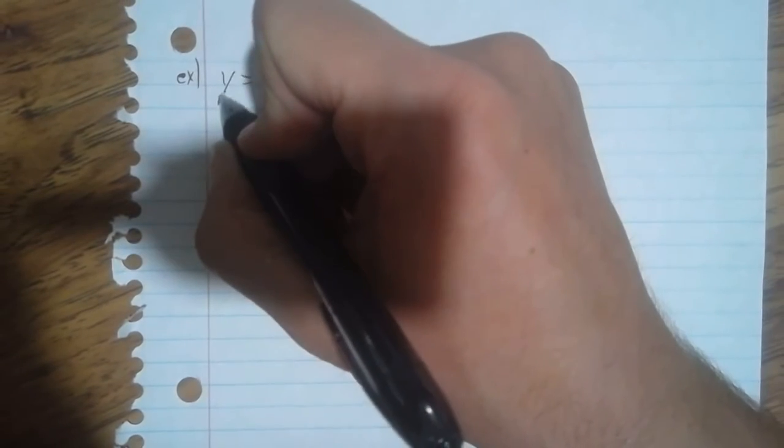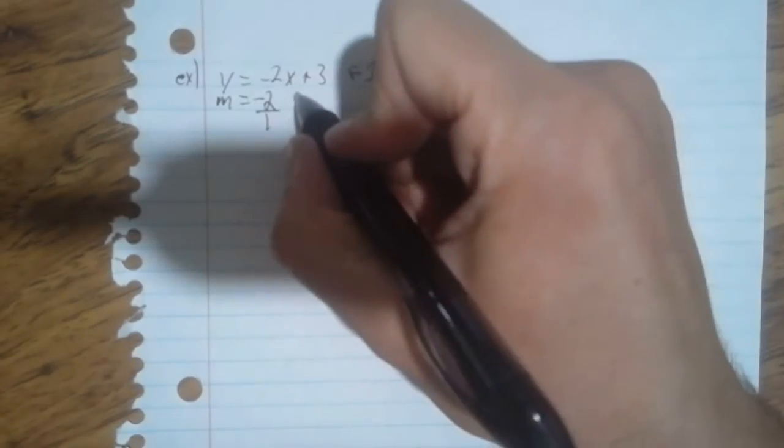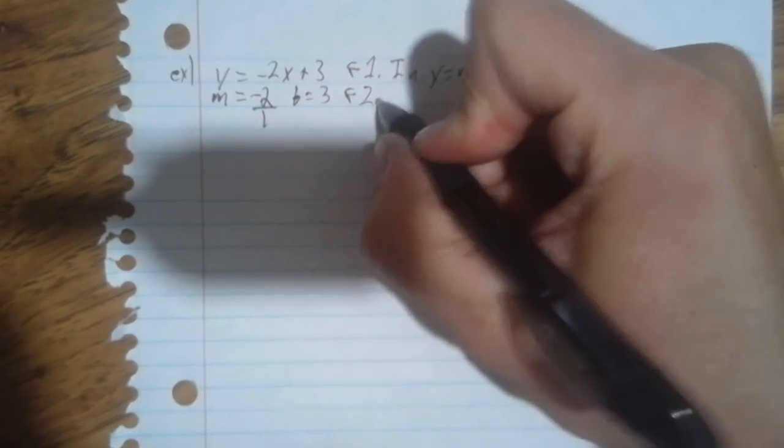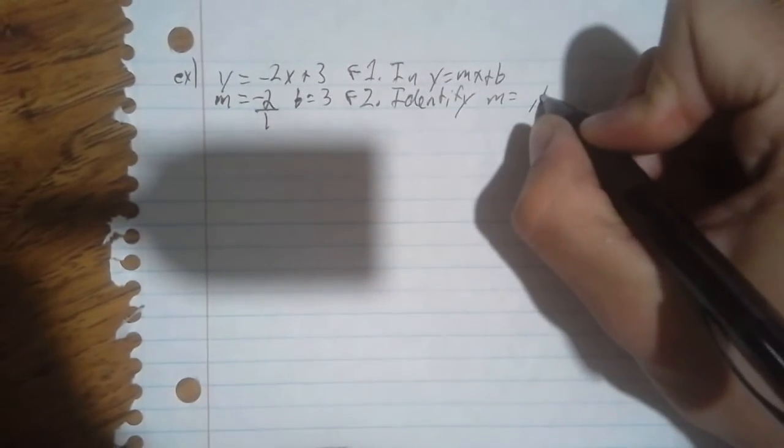So now we get to identify m and b. So our m is -2, but it's -2 divided by 1. It's got to be a fraction. Then our b equals 3. So this is step 2. Identify m equals and b equals.